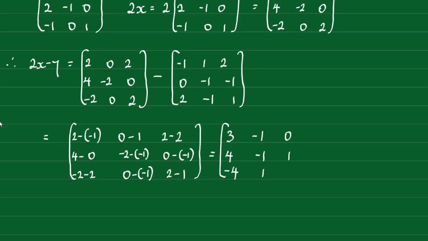Then we have 2 minus 1, giving us 1. Therefore, our answer is the matrix [3, -1, 0, 4, -1, 1, -4, 1, 1].